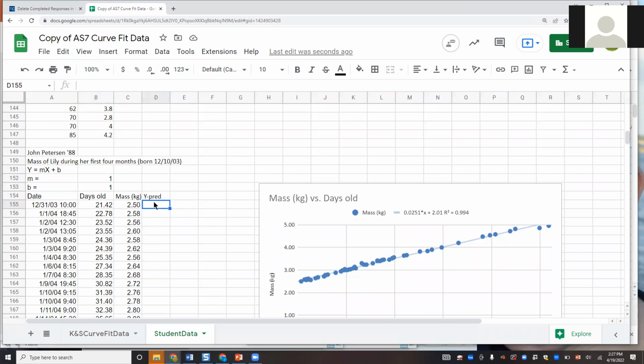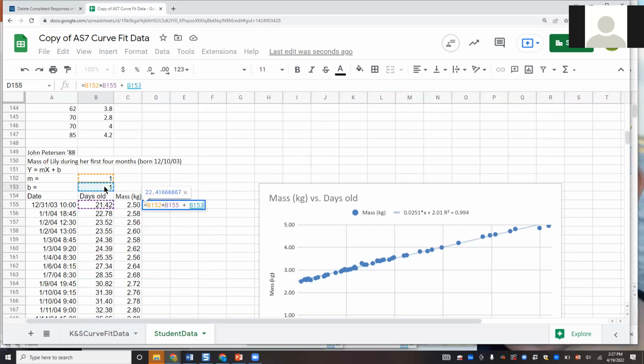So basically what I'm going to type in here is my slope equation. So I'm going to say this equals M, so this number 1, equals M, that's good, times X, which is how old Lily is, so clicking on that, plus what I have is a B value here, right?